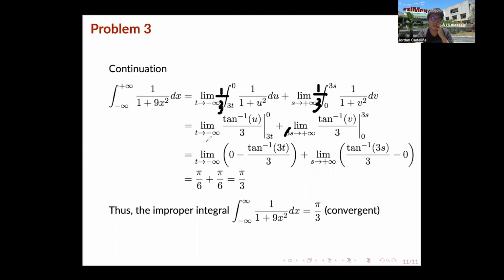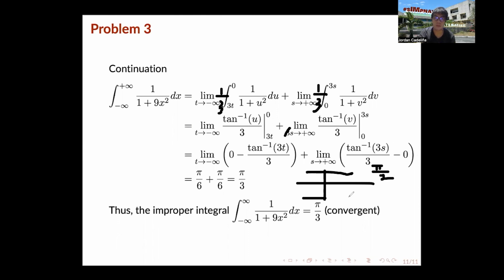So we take the limit as this approaches negative infinity ng arctangent ng 3t over 3. So 0, automatic na yan 0. And ito naman. Ganun pa rin. So, take note na ang graph nitong arctangent will always have an asymptote of pi over 2 dito sa taas.